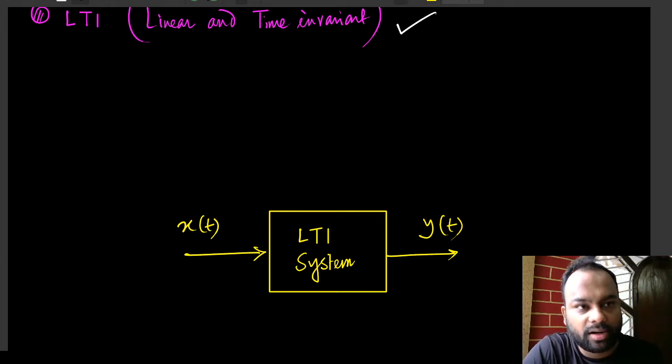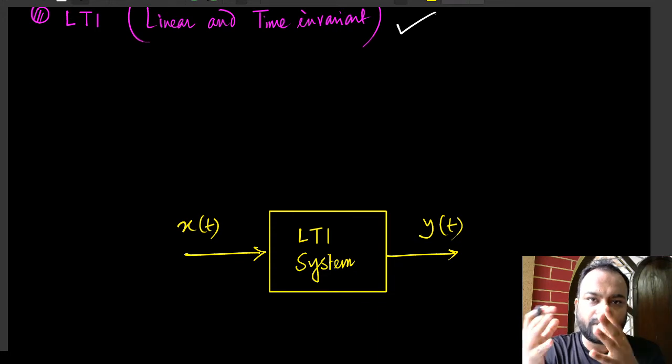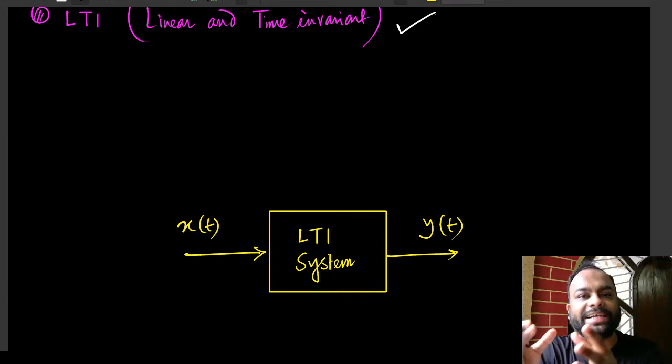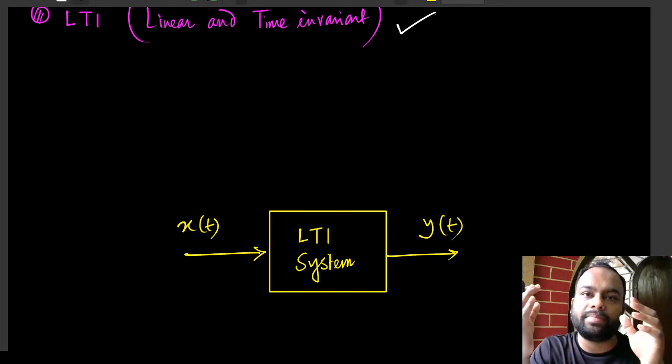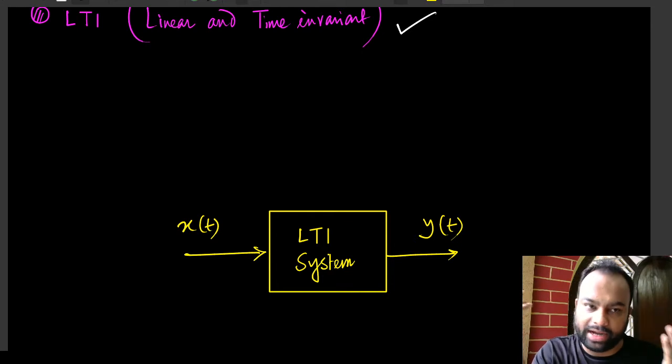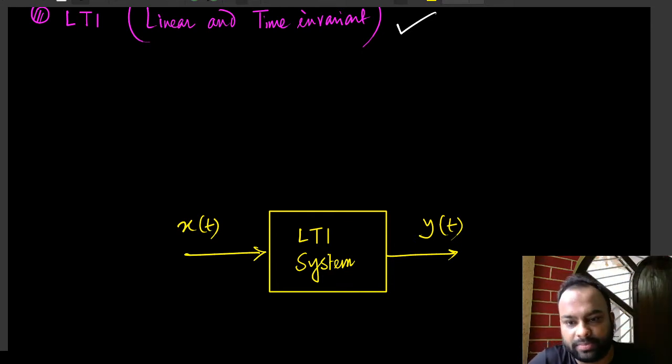If you don't know what is inside the system, you cannot mathematically express it, or how the system really behaves. You cannot make up a mathematical model for the system. But under those scenarios, if you know that the system is linear and time invariant, you can do something amazing with the system.